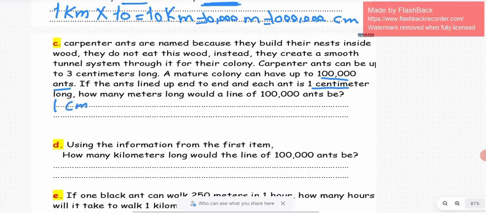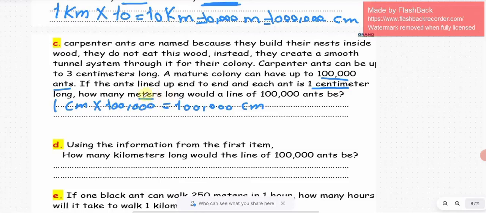Each ant is 1 centimeter, and there will be 100,000 ants. So this 1 centimeter will be repeated 100,000 times.